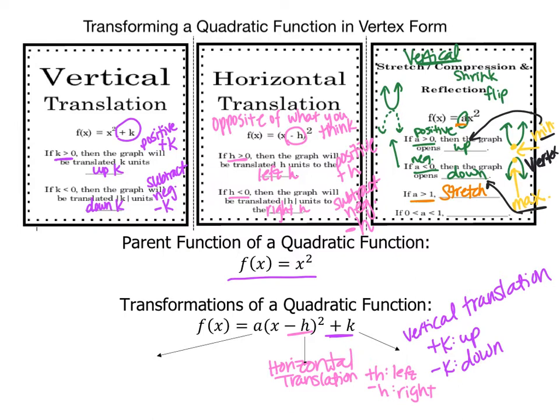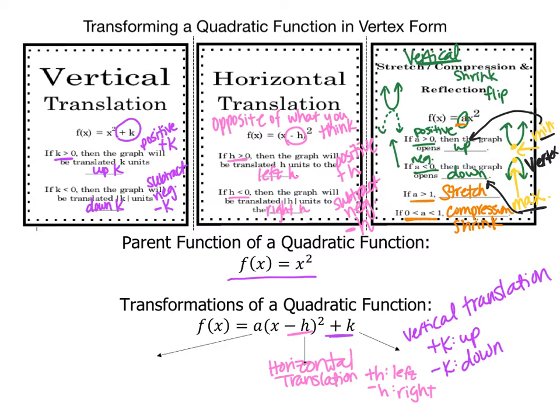Now if I were to instead push on it from the top and it gets shorter, it's compressing down, it's shrinking in value, then it has to be a small value. It's going to be a compression. Again, you could call that a shrink, however you want to call it. So this value, if I have something being multiplied in front, is actually doing a lot of different things here. Let's look at it in our function down below.